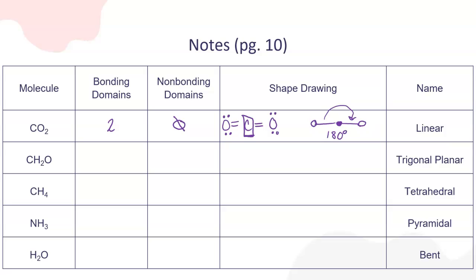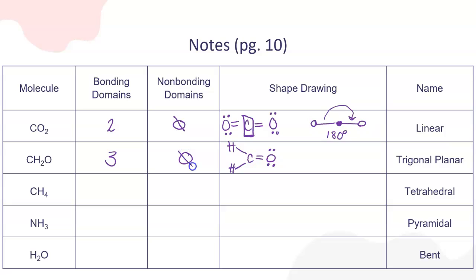If we looked at CH2O, or formaldehyde, and drew it, we would see that it looks like this. If we look at the bonding domains, we see that there are two single bonds and one double bond, for a total of, not two, wow, 3 regions where bonds are occurring.